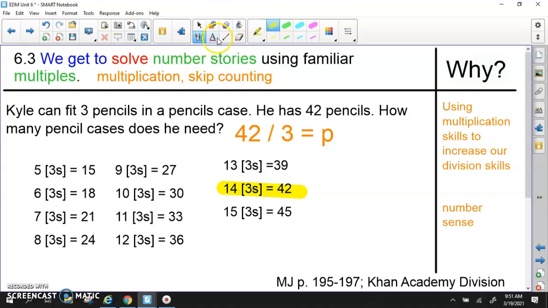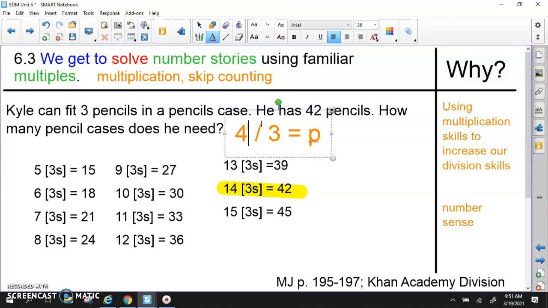Here's something that you might see, and I'm just going to make a quick change with this. Let's say you have 43 divided by 3. Does it land on 43 when you're counting by threes? No. So what it's going to be is 42 with a remainder of 1, exactly. Starting on number 3, you do have some remainders. So does everybody see how I have a remainder of 1 in this one?